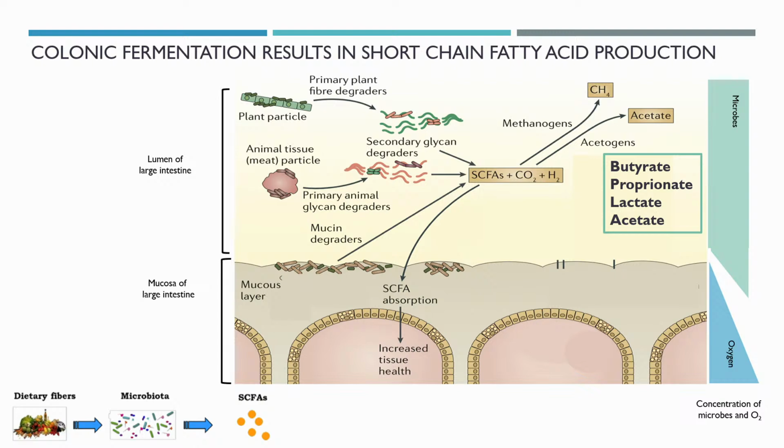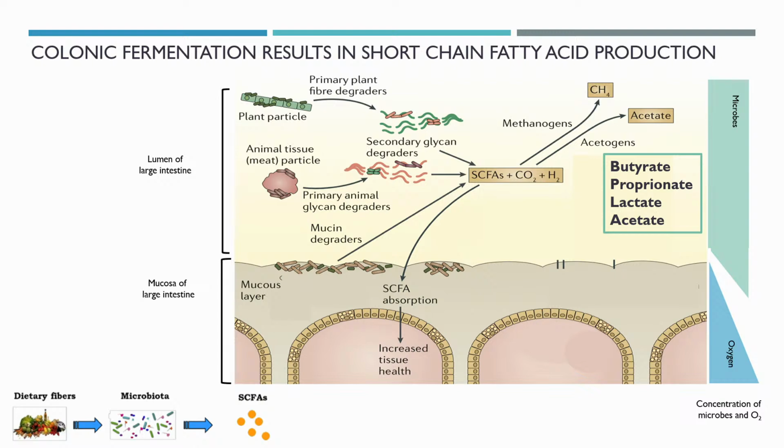Here we have the epithelial layers, the epithelial cells, and then you have this mucus layer on top that protects the intestinal tract. And then up here in the lumen, say we eat a plant particle. This is the dietary fiber.